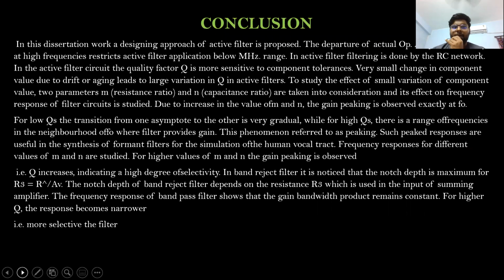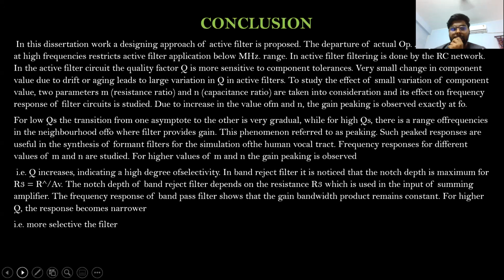Conclusion. In this discussion, a designing approach for active filters is proposed. The departure of the actual op amp from ideality at higher frequencies restricts active filter applications to below MHz. Filtering is done by the RC network.